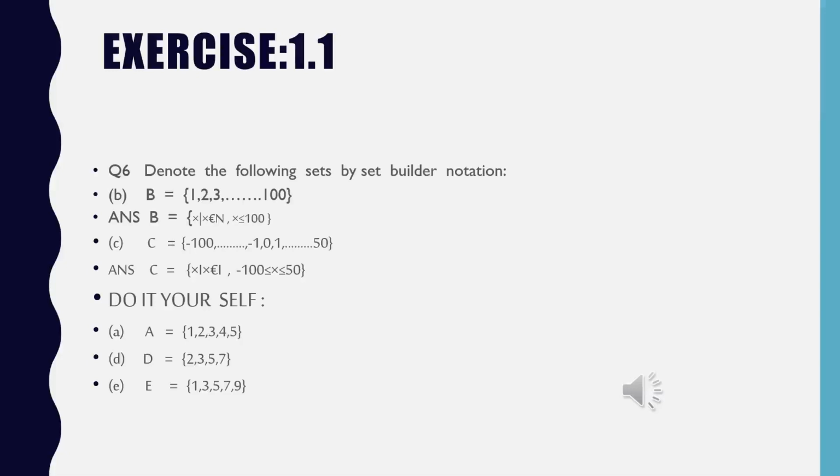The last part of this question is E is equal to, within the curly bracket, the elements 1, 3, 5, 7, 9. Very well-known odd numbers. Simply convert it into builder notation like the set of odd numbers between 1 and 10, such that x is a member of odd numbers and it is less than or equal to 10.